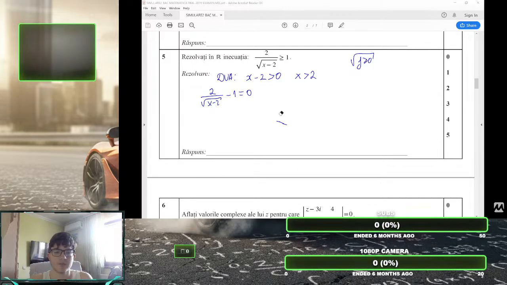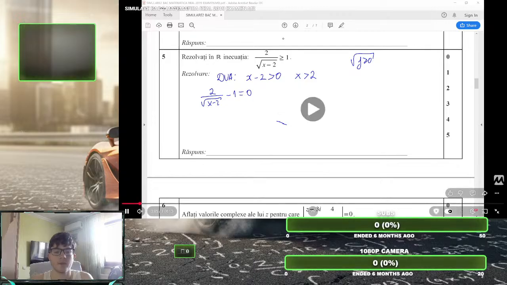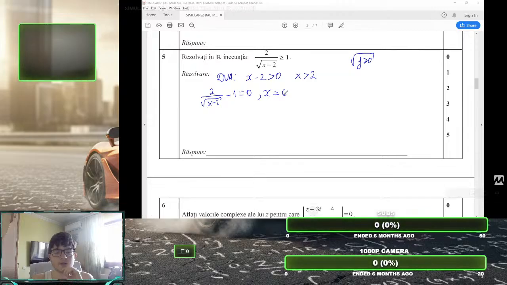This has been moved to the left, and now we can multiply everything to the second power, or just multiply 1 with the square root of x minus 2. So let's see what will be done here. x is 6.